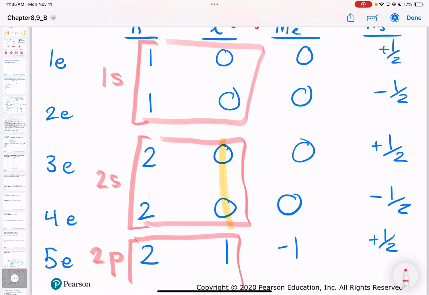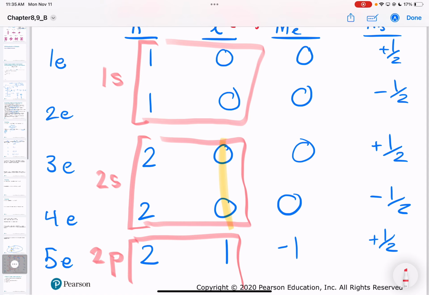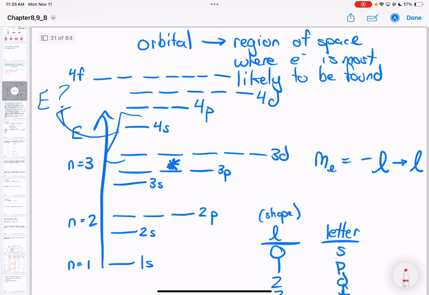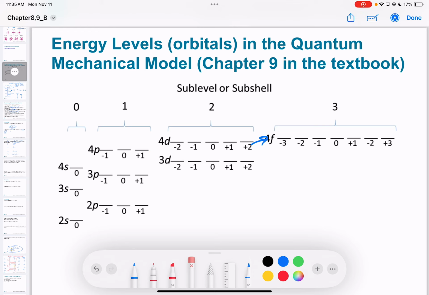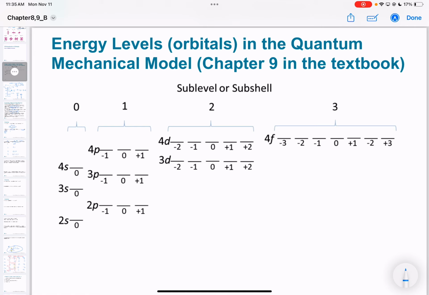At the end of class last time, we started looking at this. This is what mentally you're gonna work out so that you don't have to be given this.